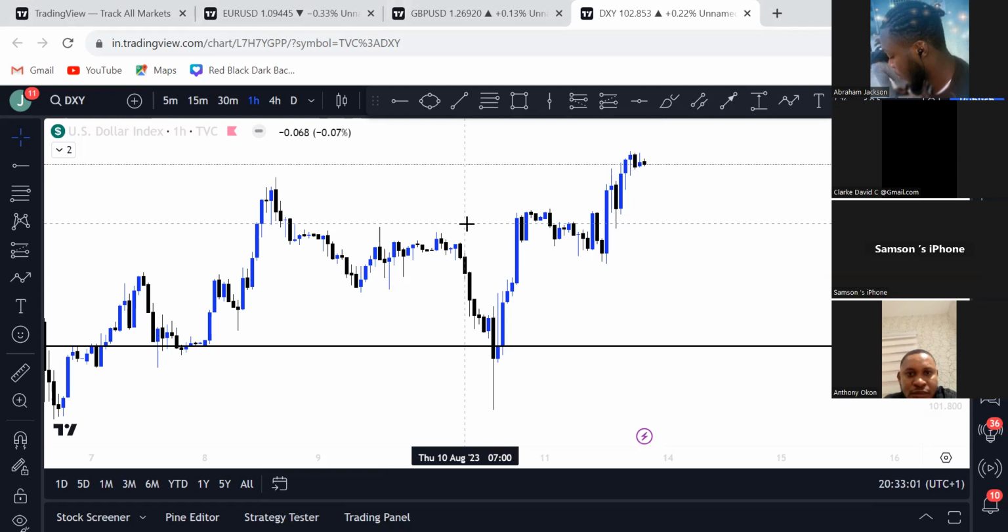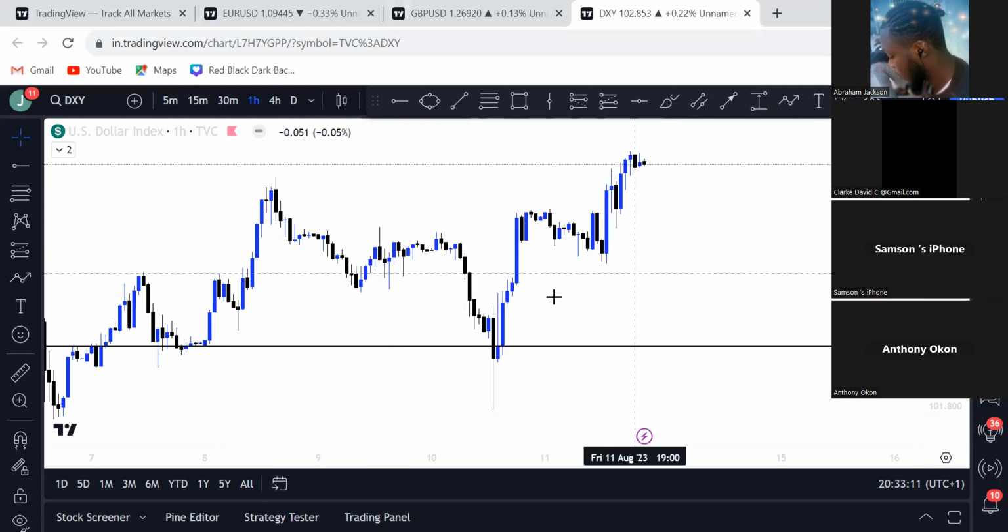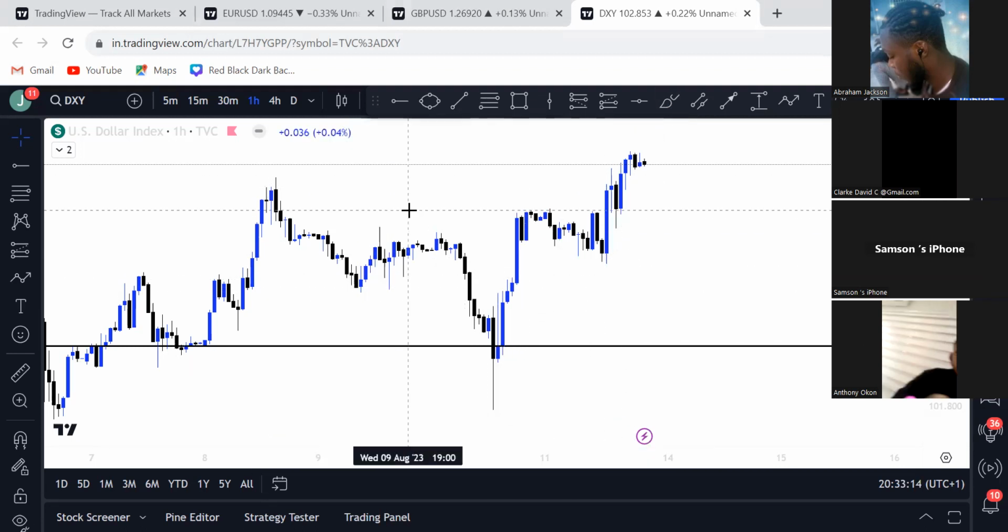What we use this index for is to measure the strength or the direction of the dollar at a particular time. So this is the dollar index now, and as you can see on the 1 hour time frame, it's trading to the upside, right? Now, I don't trade this dollar index. I only use it as an indicator to understand what is going to happen with Euro USD, GBP USD, and gold in some cases.